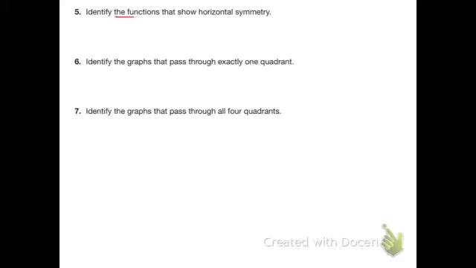So since that one goes down like so, it would bounce back like a reflection. Okay, so that would not be horizontal symmetry. And the only thing here that has horizontal symmetry is B, but B is not a function, and we're supposed to identify the functions. So this one, there are none. And an interesting question to think about is, are there any functions that even have horizontal symmetry? So you can think about that.